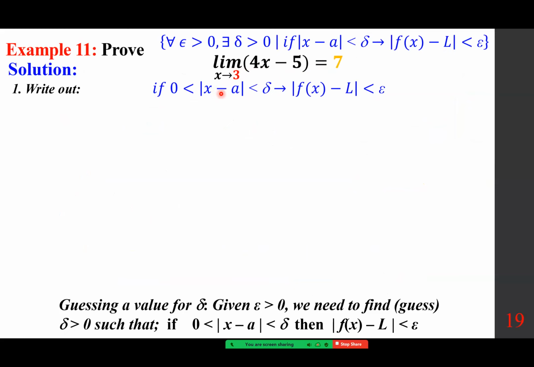So replace the a with 3. Replace the f of x with 4x minus 5. Replace the limit L with 7. So first, the writing.